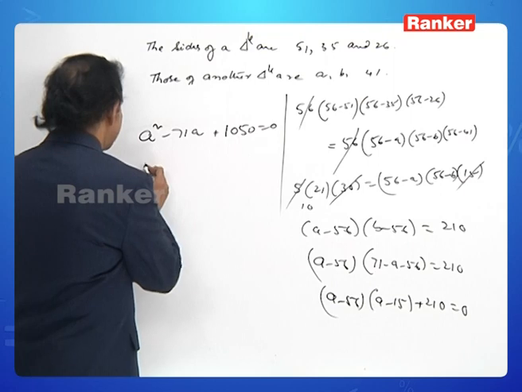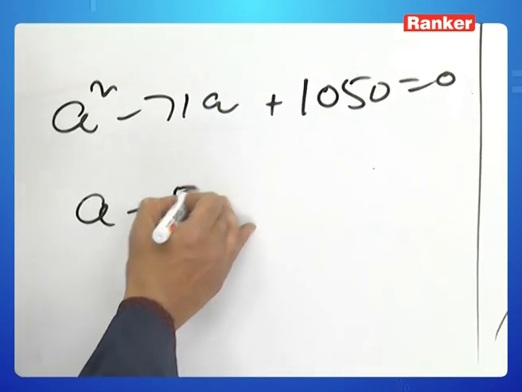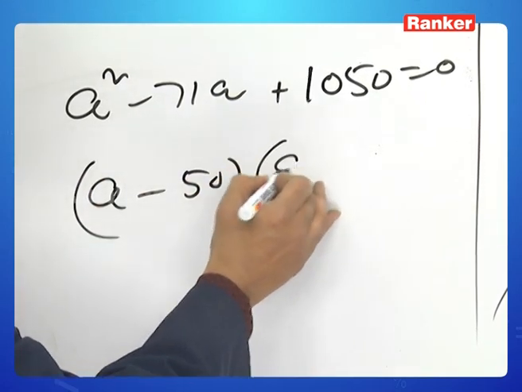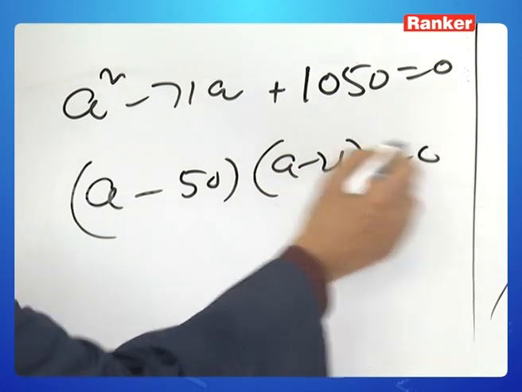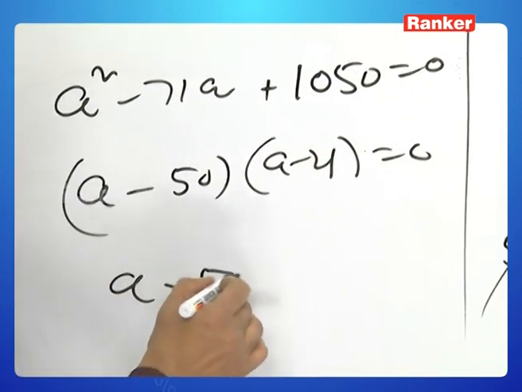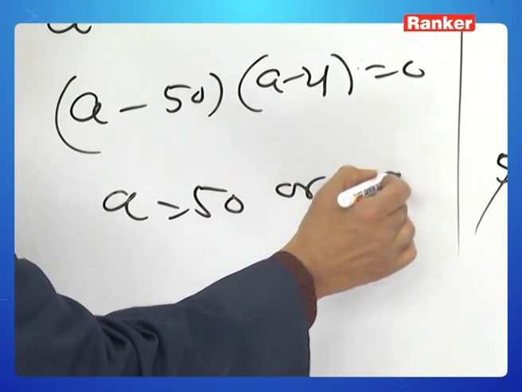And it can be factorized, of course: A minus 15 into A minus 21 is equal to 0. Therefore, A is equal to 50 or A is equal to 21.